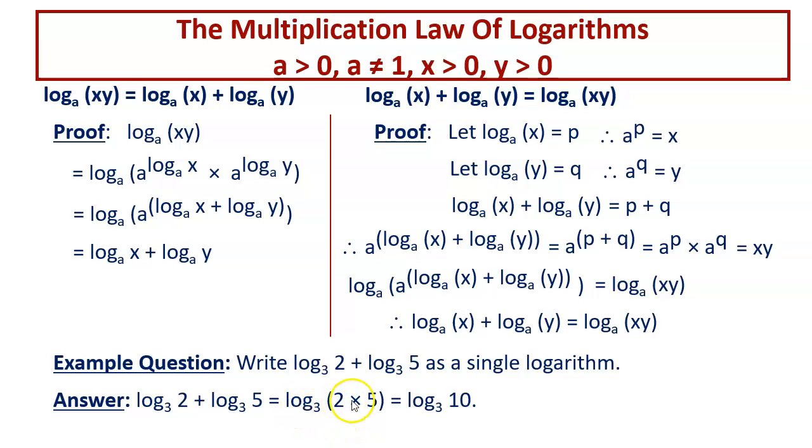So it is log of 2 times 5 to the base 3, or this is equal to log of 10 to the base 3. This is the single logarithm term which is equivalent to these two logarithmic terms added together.